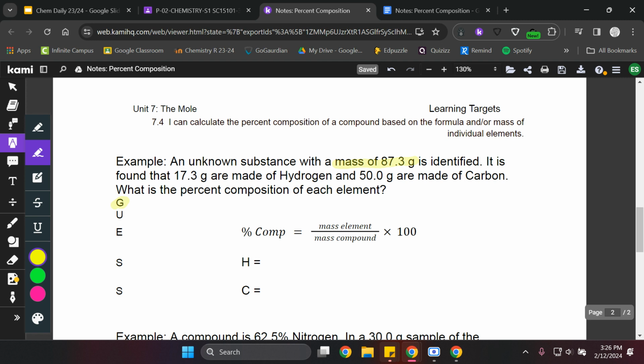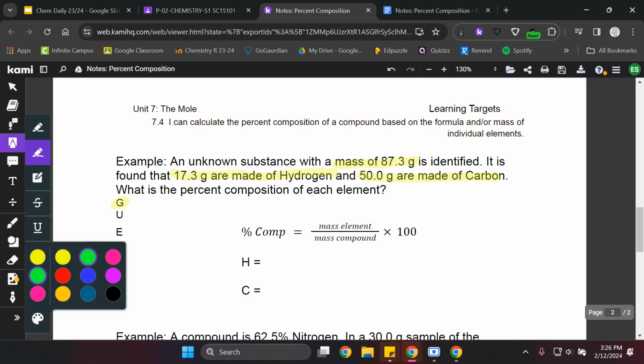It is found that 17.3 grams are made of hydrogen. Well, that's great to know, because then that's just the piece that's equal to hydrogen. And 50 grams are made of carbon. Those are our given pieces of information. Our mass is 87.3 grams, 17.3 grams are made of hydrogen, and 50 grams are made of carbon.